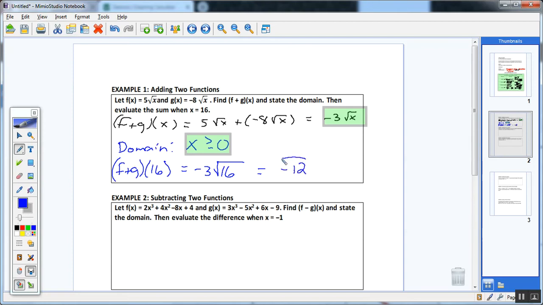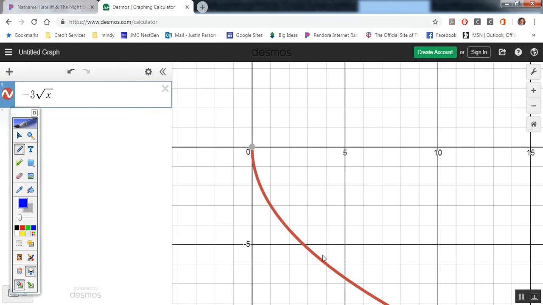So here's the deal. One of the points that should show up on my graph, what did we input for this function, kids? What did we get for an output? With a little bit of luck, that point 16 comma negative 12 should be on the graph, shouldn't it? So let's take a look. Let's see if that's true.